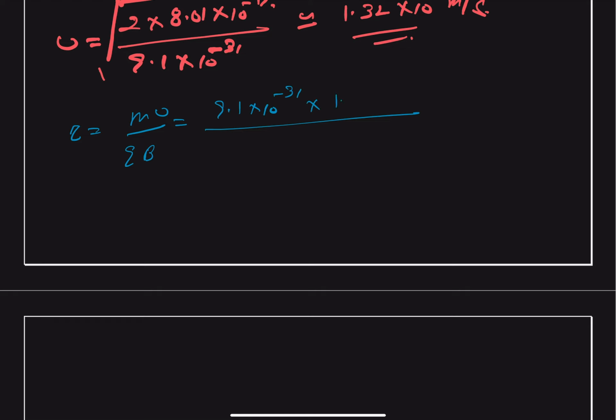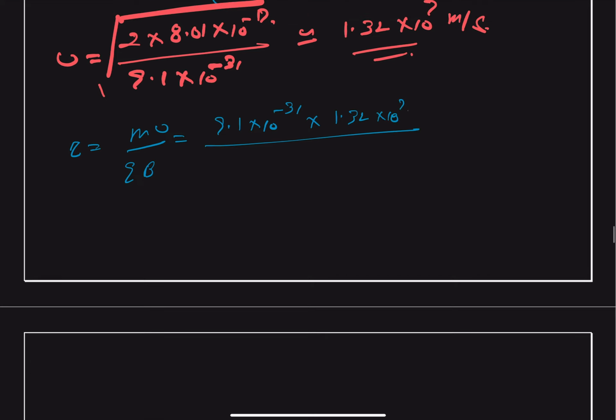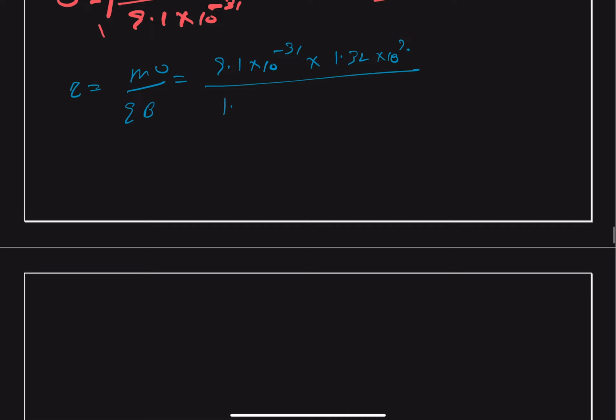Velocity we just found out is 3.2 into 10 to the power 7. Charge is 1.6 into 10 to the power minus 19, and magnetic field is given as 100 millitesla, 100 into 10 to the power minus 3.